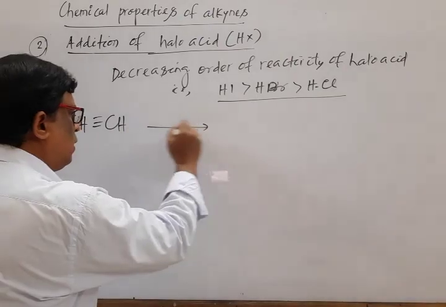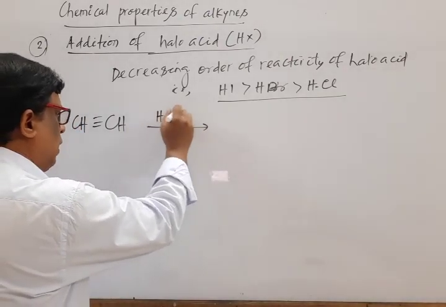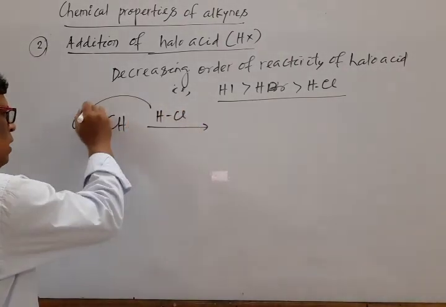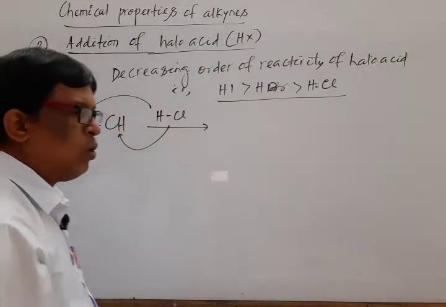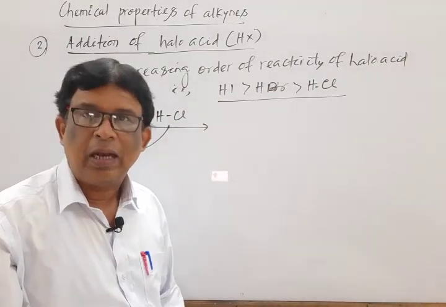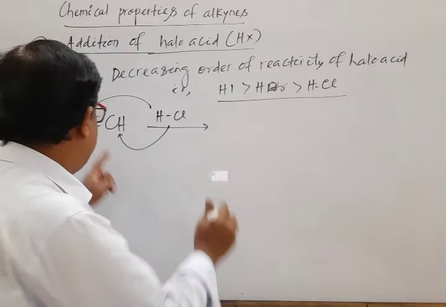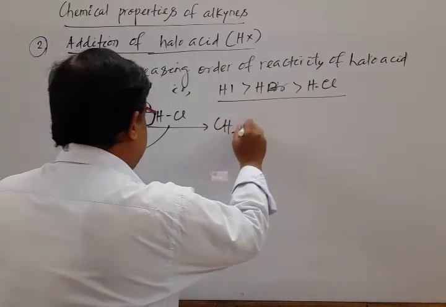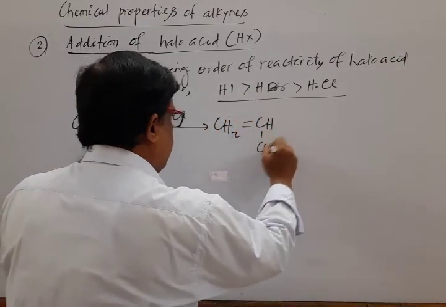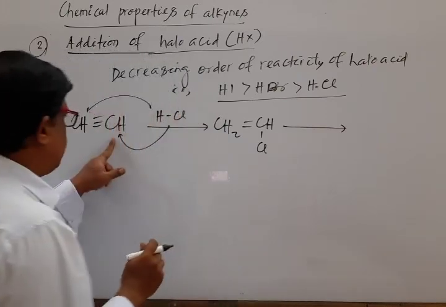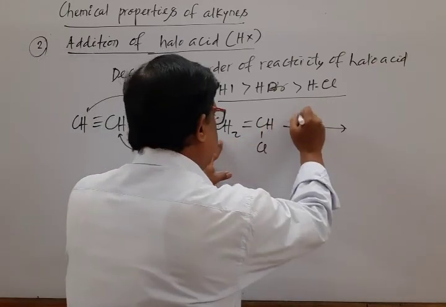Acetylene treated with HCl, what happens? For symmetrical, no problem; for unsymmetrical it follows Markovnikov's rule. CH2=CHCl is formed. Again, now it is unsymmetrical.